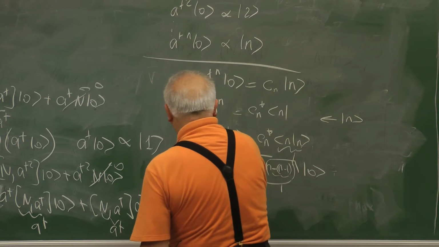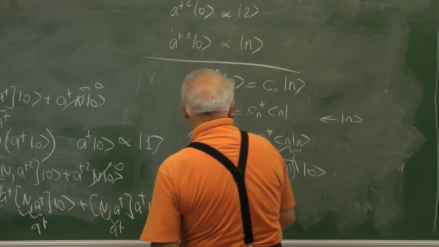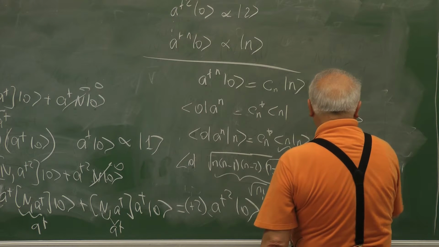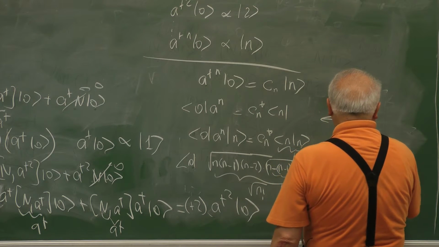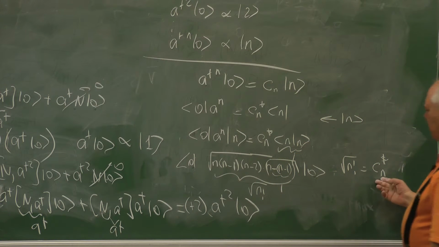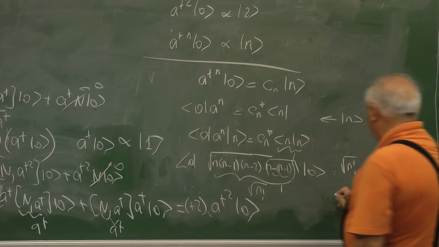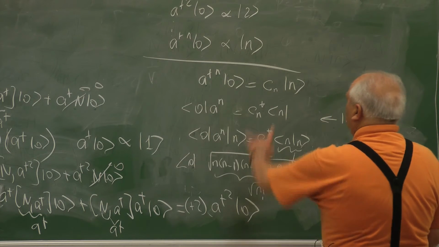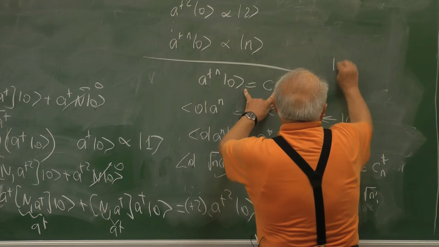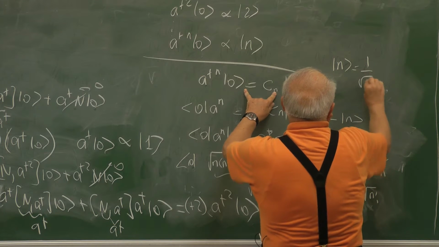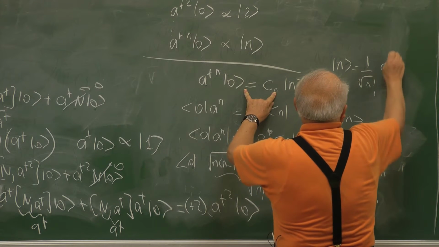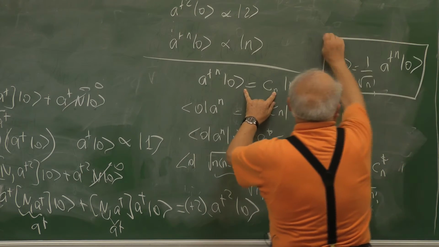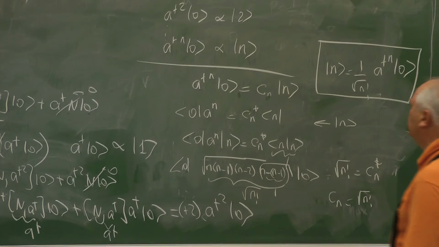So if I multiply from the right, 0, 0 is 1. So root n factorial is Cn star. There is nothing complex here, it's real. So Cn is root n factorial. So if you look at here, we find n is equal to 1 over root n factorial, a dagger and 0. Okay, it's an important formula.